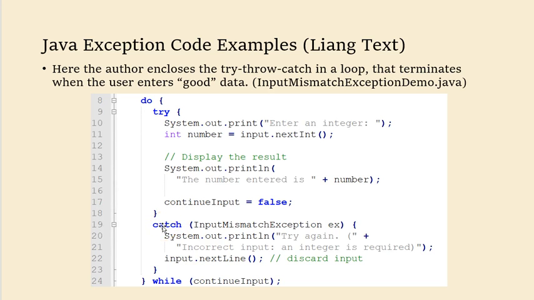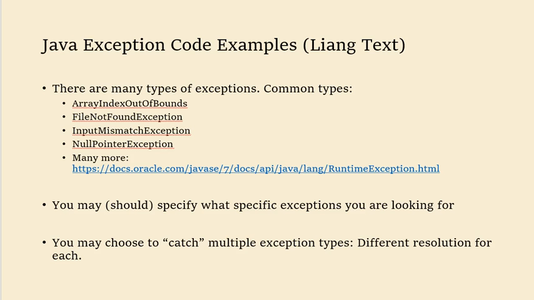And so now lines 20 through 22 execute that just say, hey, try again, and it asks for the input again, and then the while keeps you in the loop until the thing works properly, until continueInput is equal to false. But if they didn't put an integer in, only lines 20 through 22 are performed, so continueInput will still be true. Not the best way to use logic, but it shows the idea.